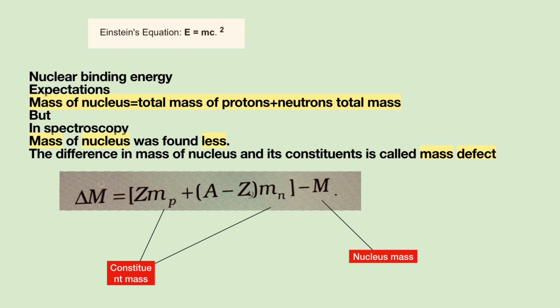So this difference of mass is considered as mass defect. The difference in mass of the nucleus and its constituents is called mass defect, and it is denoted by delta m. Delta m is equal to Z mp plus (A minus Z) mn minus M, where Z mp plus (A minus Z) mn is the mass of the constituents and M is the mass of the nucleus.